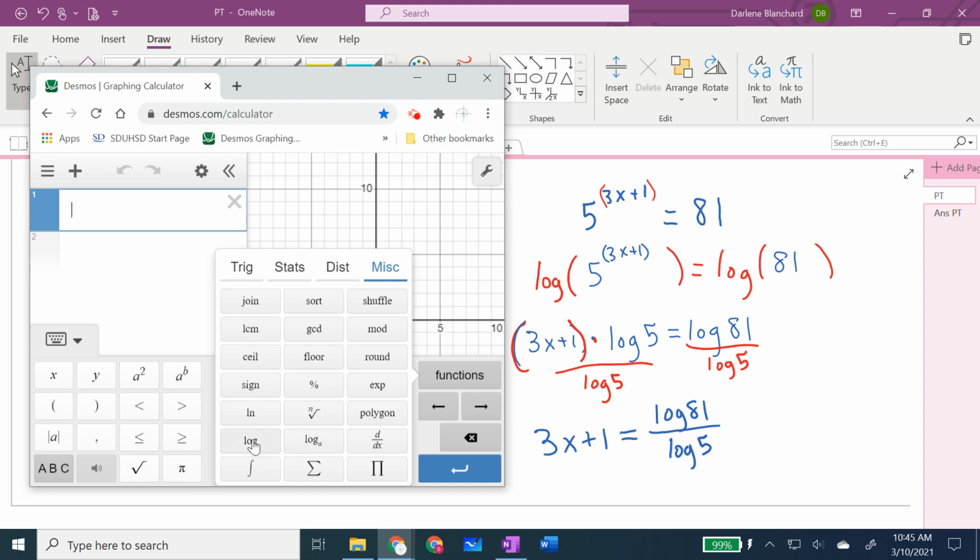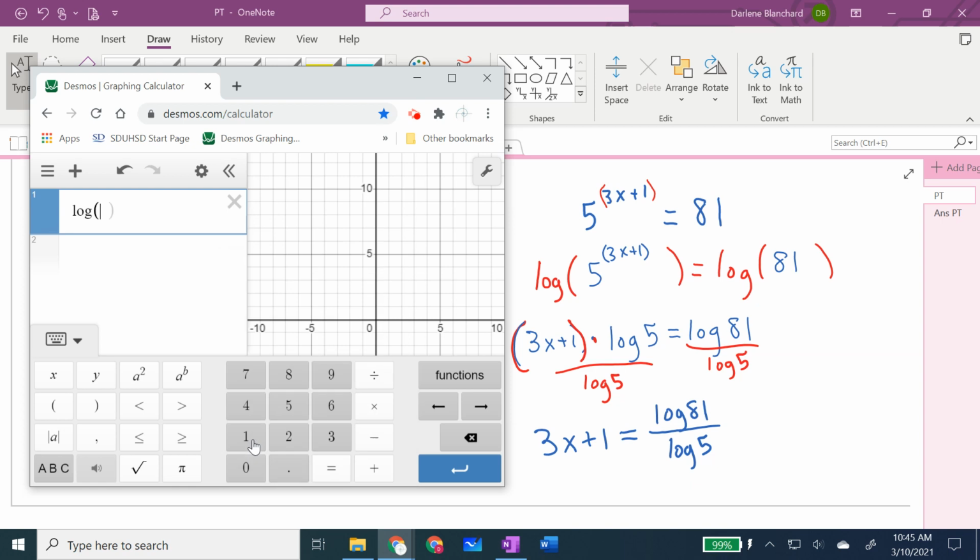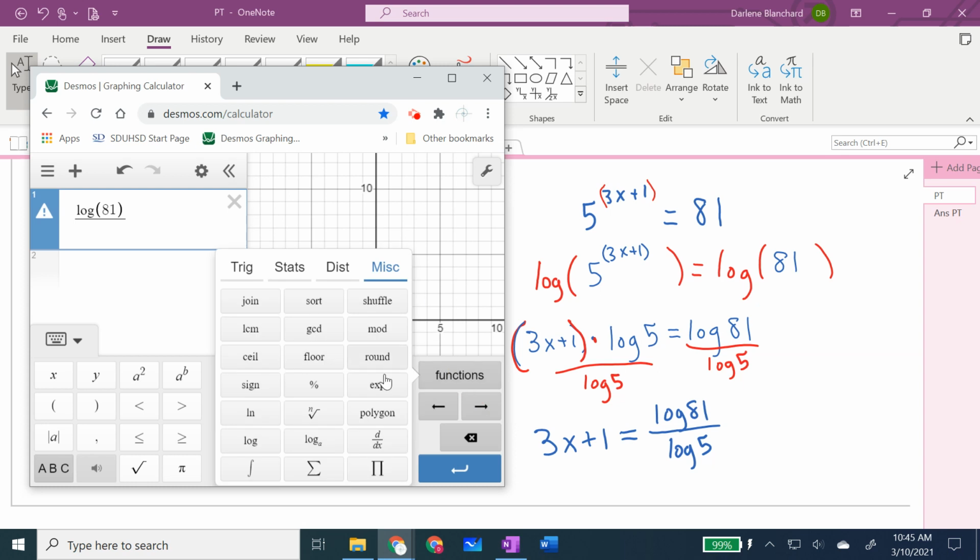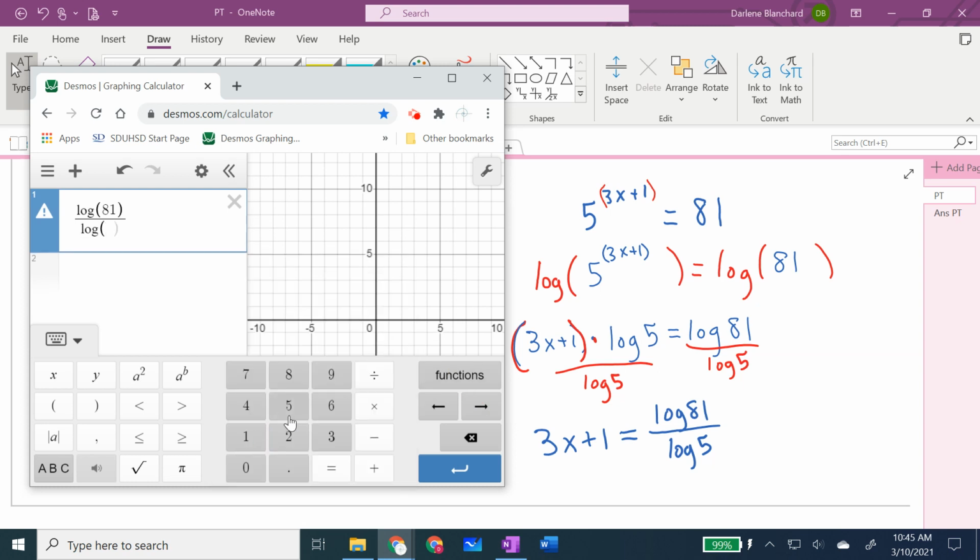You do have the base as well if you want to put that in, but I'm focusing on this. So log and then 81. I can end the parentheses and then put divided. And then again, function, miscellaneous, log, and 5. And it's going to tell me the number right there, 2.73.